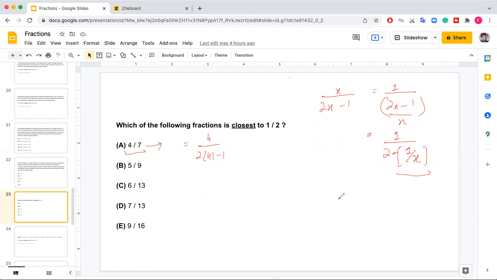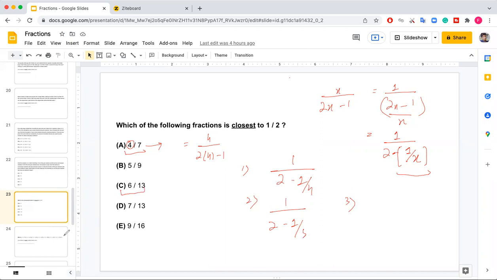Now let's see. In the first scenario, we have x as 4, so 1 over 2 minus 1 by 4. In the second scenario, we have x as 5, so 1 over 2 minus 1 by 5. The third scenario is a bit different.